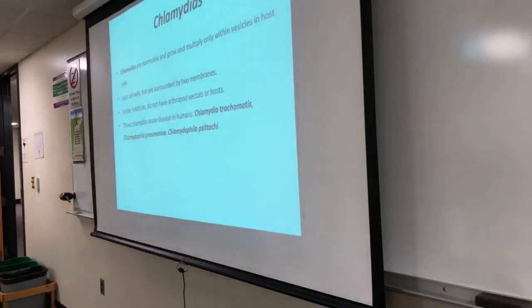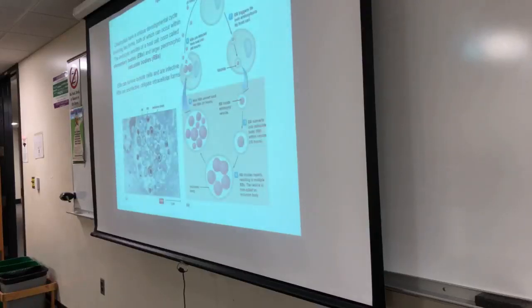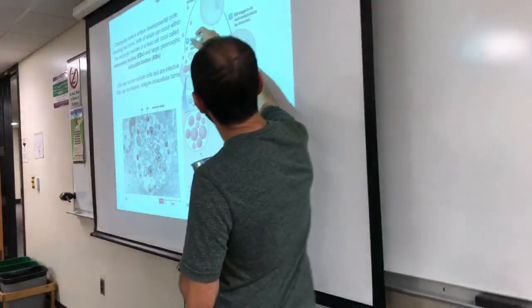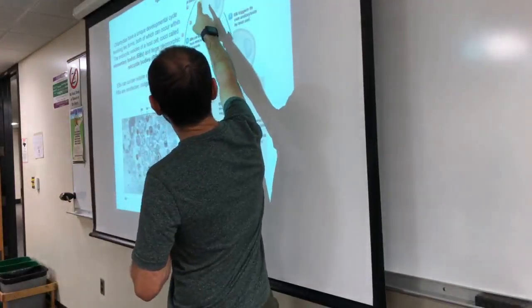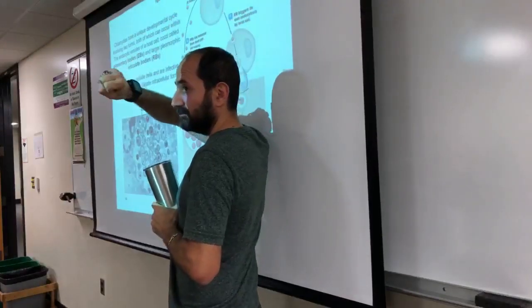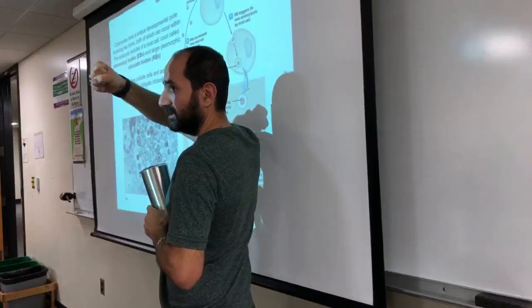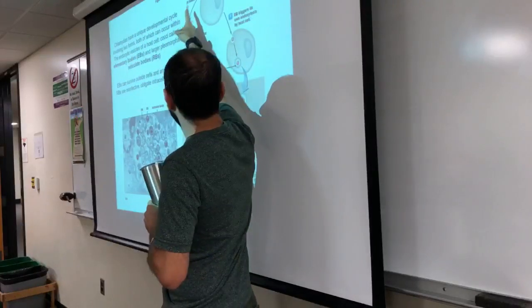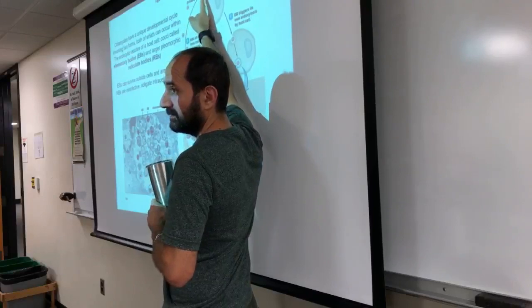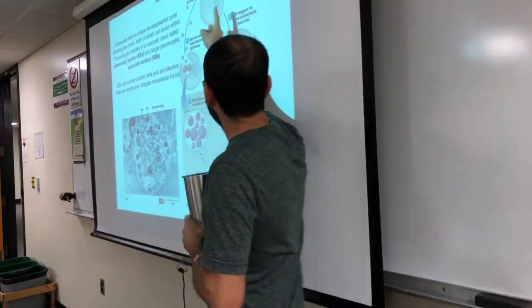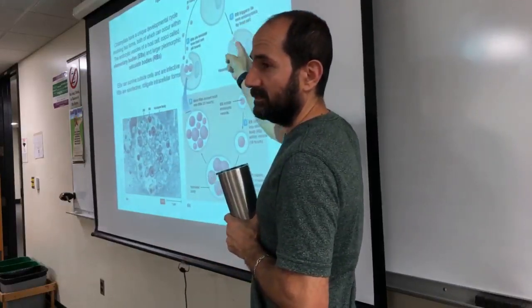Okay. What else did I want to know? Oh, I want to know the life cycle of chlamydia. Remember? 1. Elementary body, which is the external protective form of the bacteria, attaches to one of your cells. It triggers endocytosis.